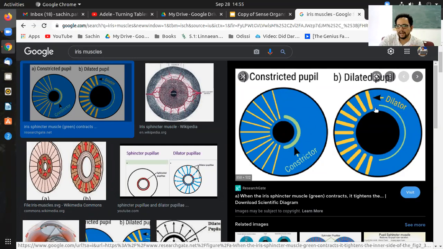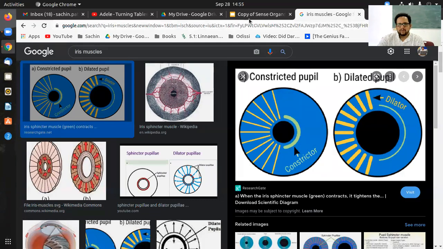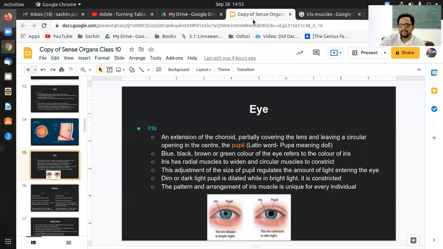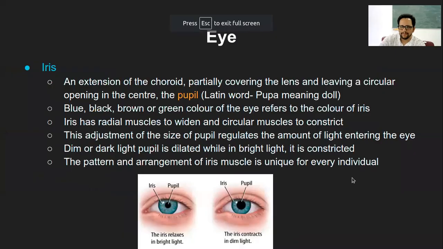That is why this line shown here in green is thinner here and thicker there. That means the circular muscles are contracted. So you can see the constrictor and the dilator part. That is how the iris is located in the eye structure.